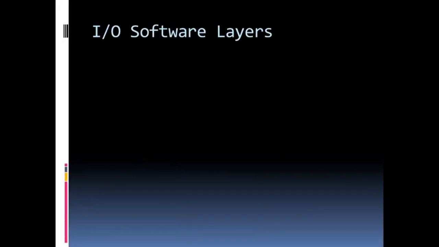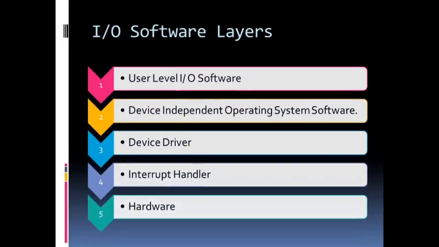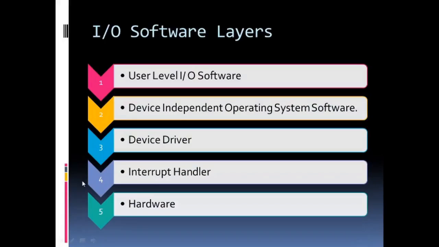So let's check now the layers of input-output software. First we see the user level I/O software. It is nothing but the user interface in most cases, which has been seen by all of us. It might be a display unit, it might be a mouse pointer, it might be the output of a keyboard.